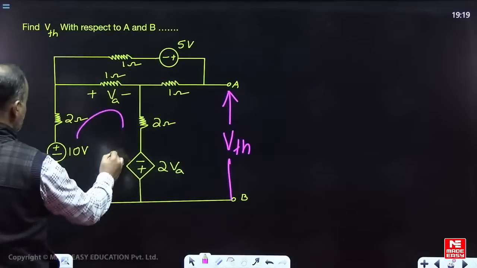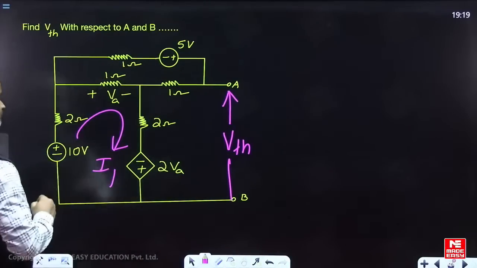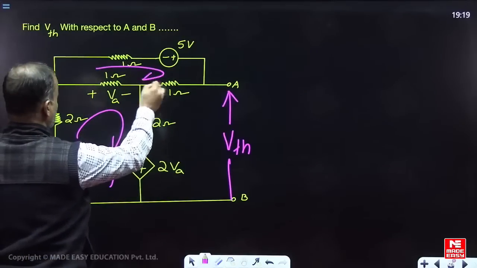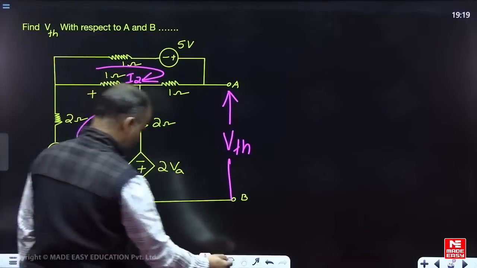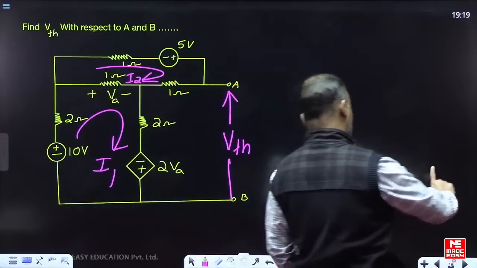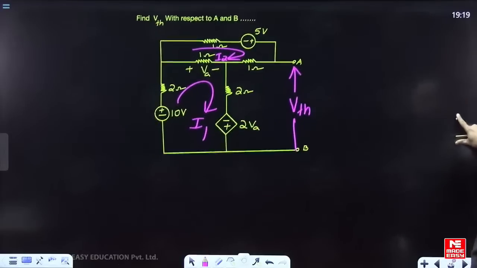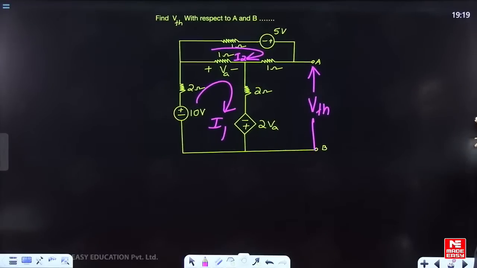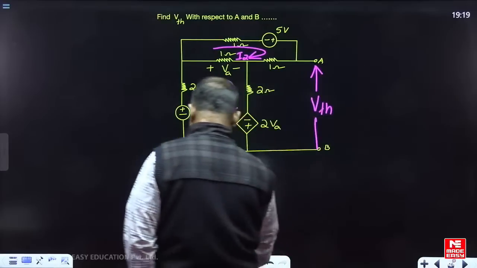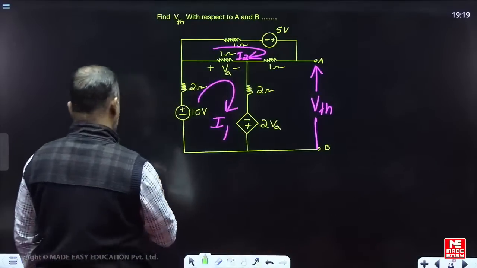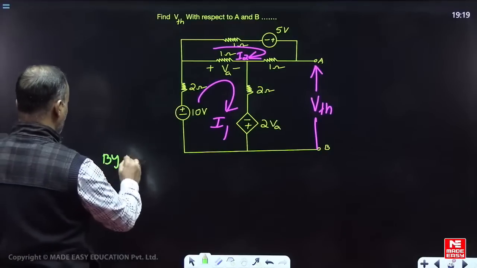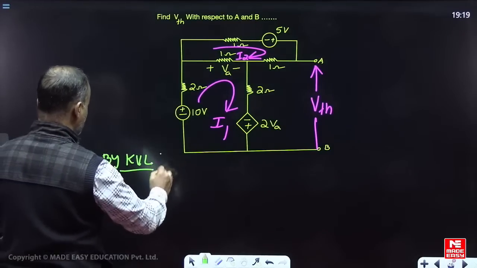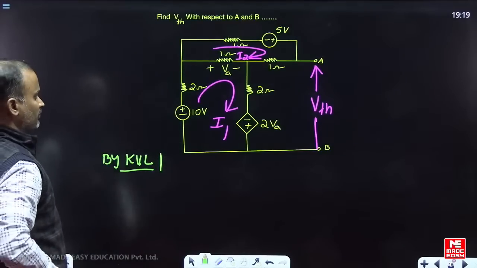Now in this example, let us assume the loop current of this is I1. What about the loop current of this one? Let us name it I2. First let us see the calculations corresponding to I1 and I2. Once you know I1 and I2, we can easily conclude the respective Thevenin's. Now by KVL, that means KVL 1, how do you write this?